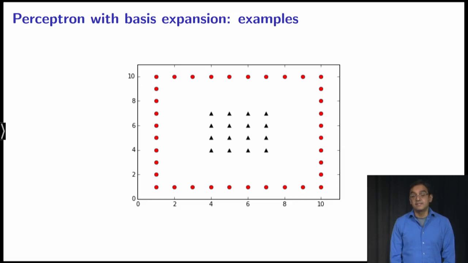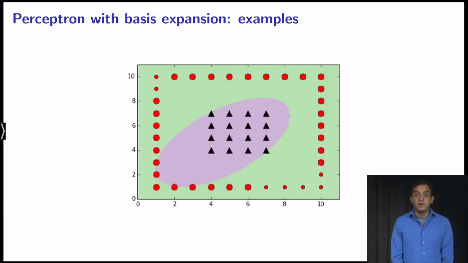Let's look at another example. Again, 2 classes and clearly not linearly separable. Here's what perceptron gives us. The boundary is an ellipse, which is quadratic. Okay?